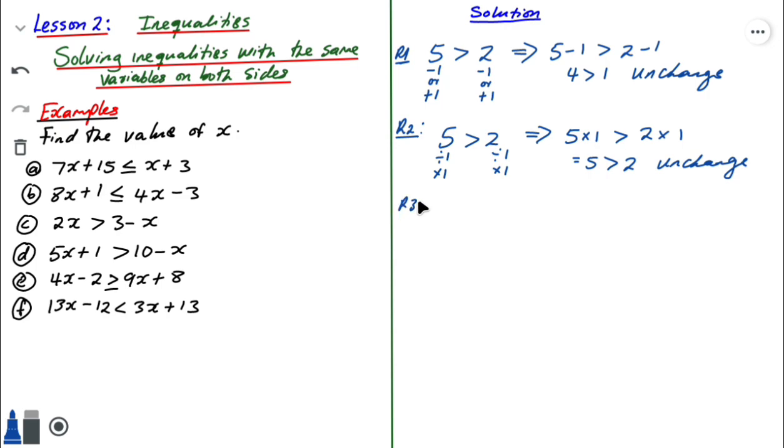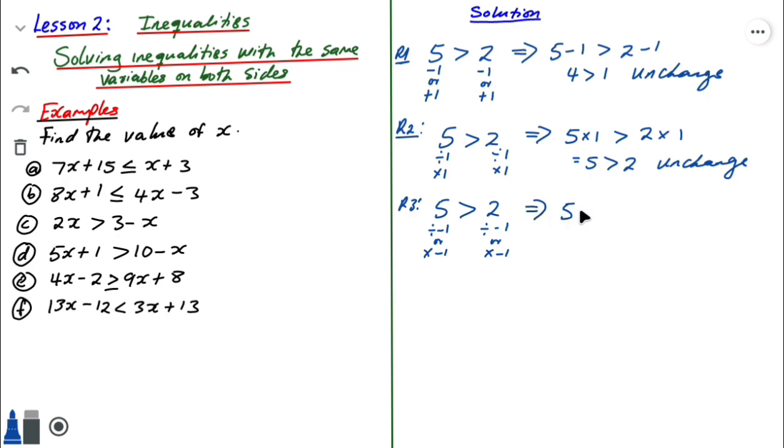Now rule 3. Rule 3 says that if I multiply or divide both sides by a negative number, for instance, if we have 5 greater than 2 and we divide by minus 1 or multiply by minus 1 on both sides, my inequality sign will change.